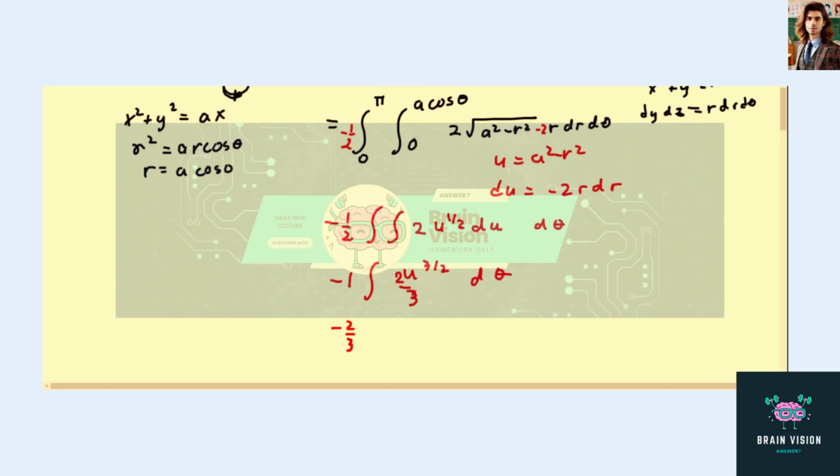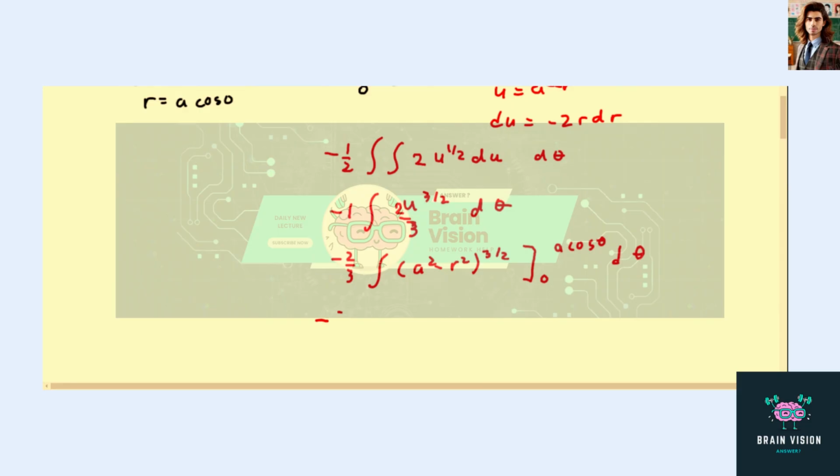So minus 2/3 a squared minus r squared to the 3/2 from 0 to a cosine theta d theta. I was having trouble because I usually switch the endpoints and I forgot. Minus 2/3 integral a squared minus a squared cosine squared to the 3/2 minus, oh, don't forget to plug the 0 in, a squared minus 0 squared to the 3/2 d theta.